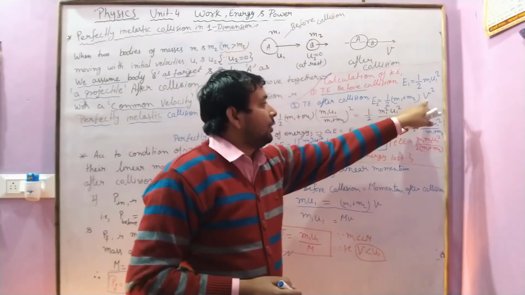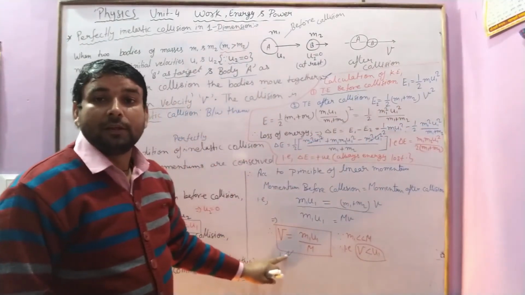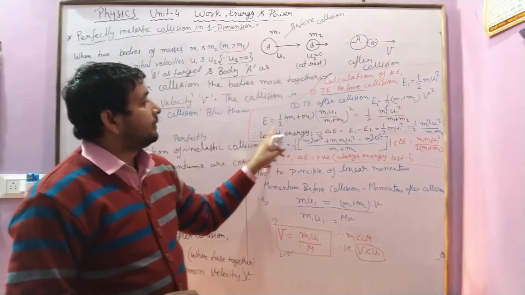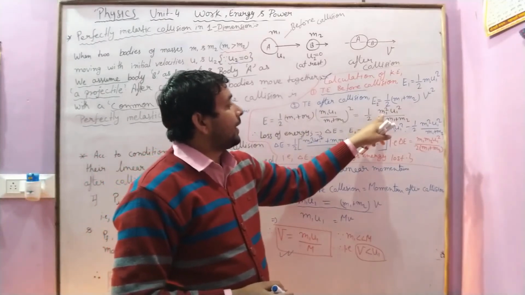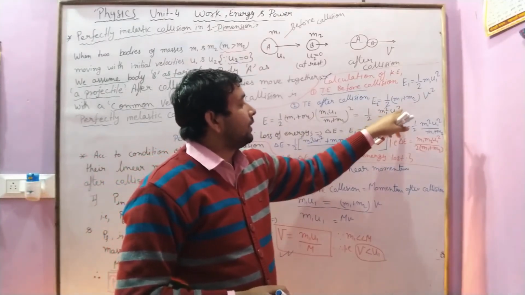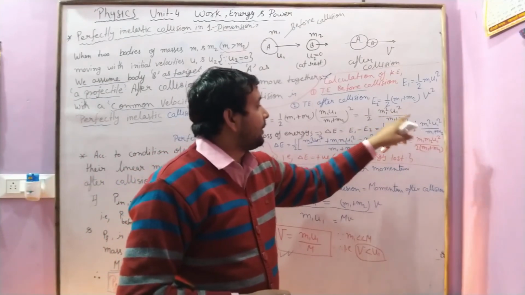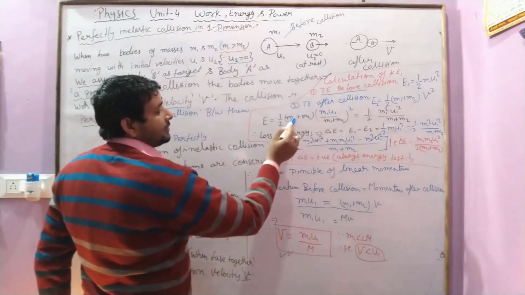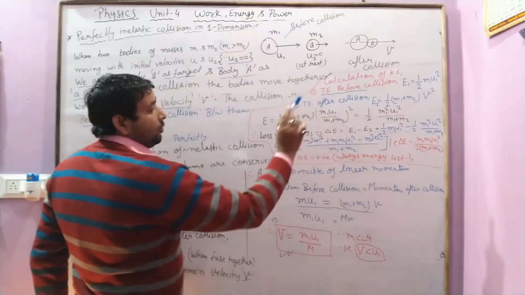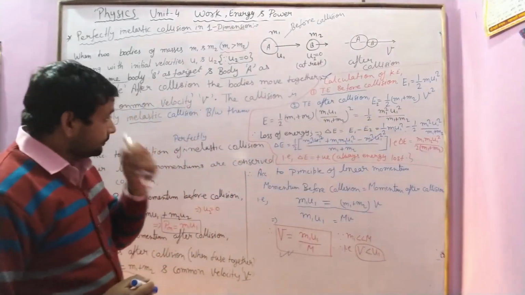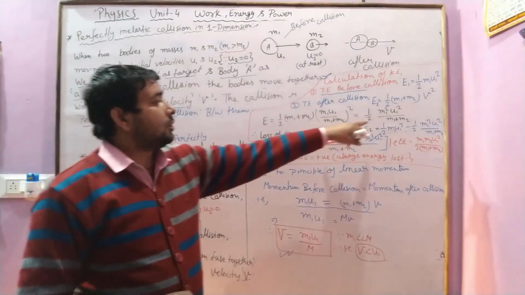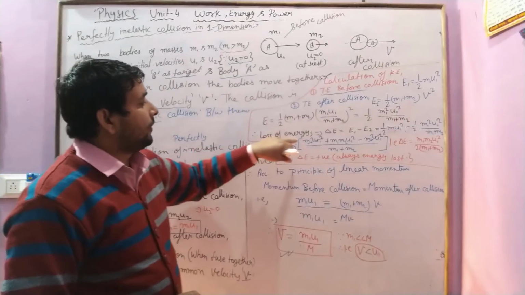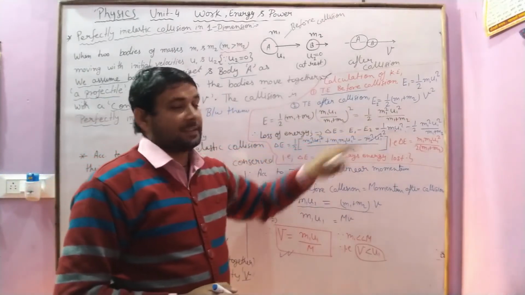Now by putting the value of v from this relation in E2, we get half m1 square u1 square upon m1 plus m2. By solving it, the square is transferred to the numerator and denominator, the numerator cancels the square of the denominator, and we get this result. Now there should be a loss of energy, because the final velocity is smaller than the initial velocity, so loss of energy del E is equal to E1 minus E2.